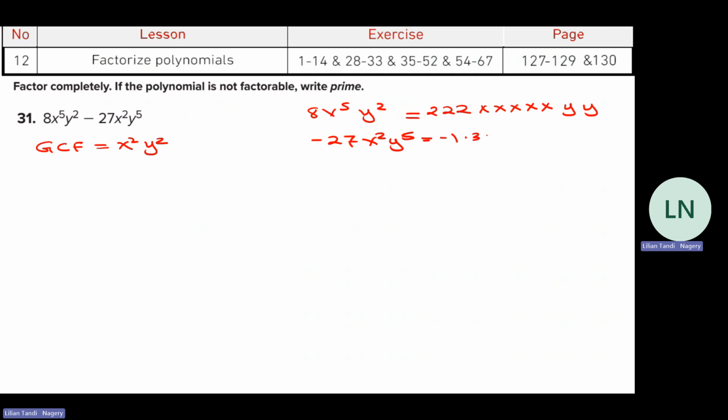Negative 1, 3, 3, 3, x, x, y, y, y, y, y. I have two y's and two x's in common. So GCF equals x squared y squared.